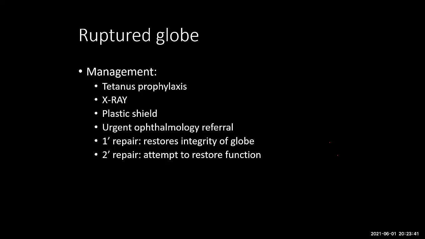Management. Remember your tetanus prophylaxis. If you suspect any intraocular foreign body, especially metallic foreign bodies, or any other intraocular trauma, please do a CT scan or X-ray. Because if you miss an intraocular foreign body, we'll come to that later on, the patient can have all kinds of problems.